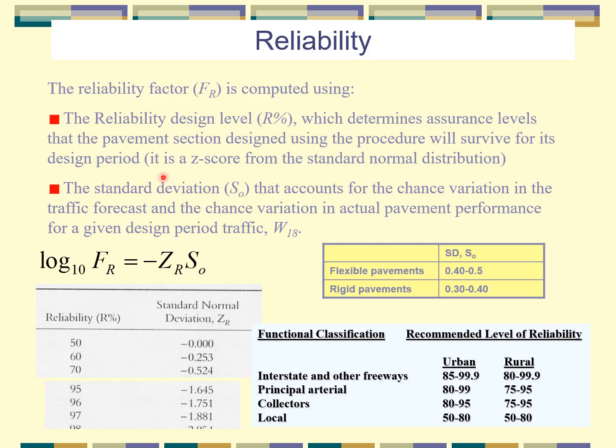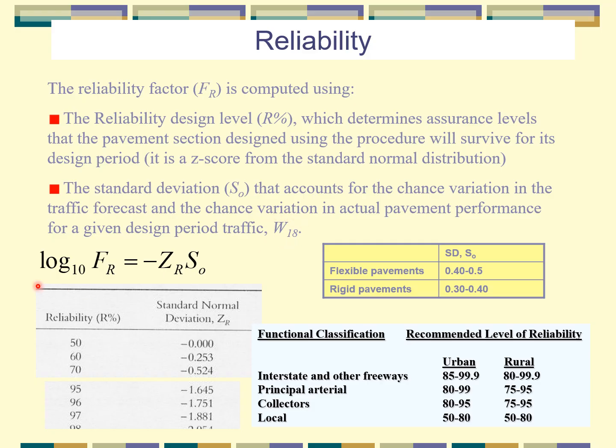Statistically, you can say it is a z-score from the standard normal distribution. The standard deviation S naught accounts for the chance variation in the traffic forecast and the chance variation in actual pavement performance for a given design period traffic W sub 18. W sub 18 means the equivalent single axle load, or rather the accumulated equivalent single axle load.